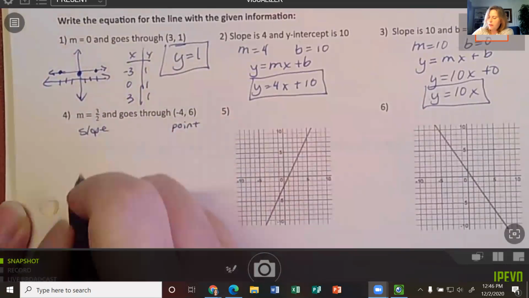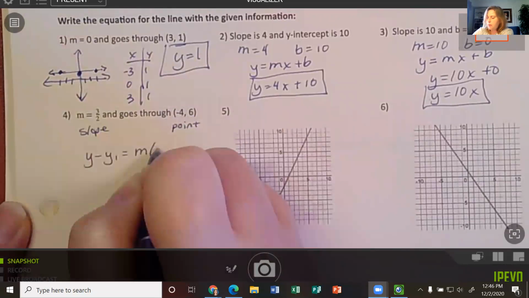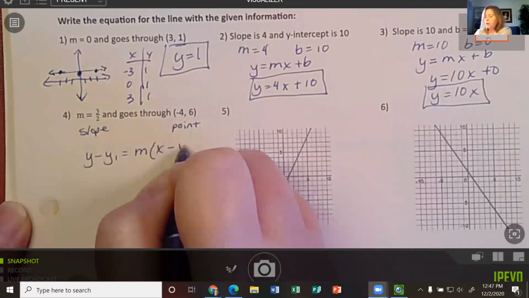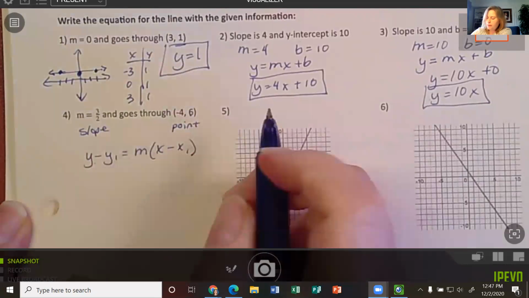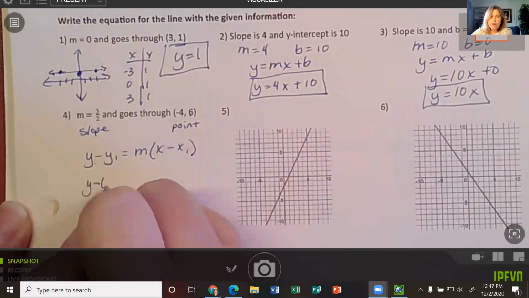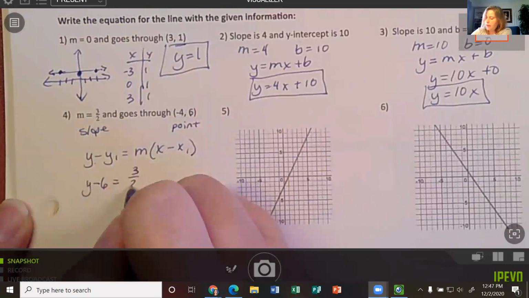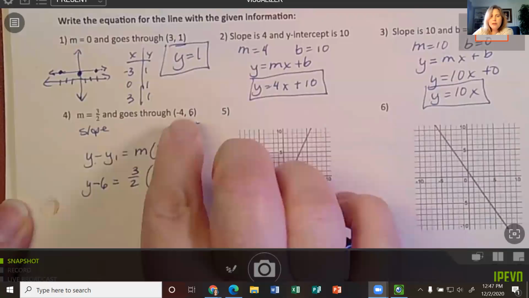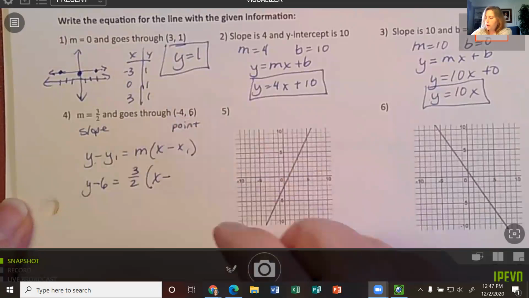So y minus y sub 1 equals m times the quantity x minus x sub 1. So y minus 6 equals 3/2 times the quantity x minus -4.